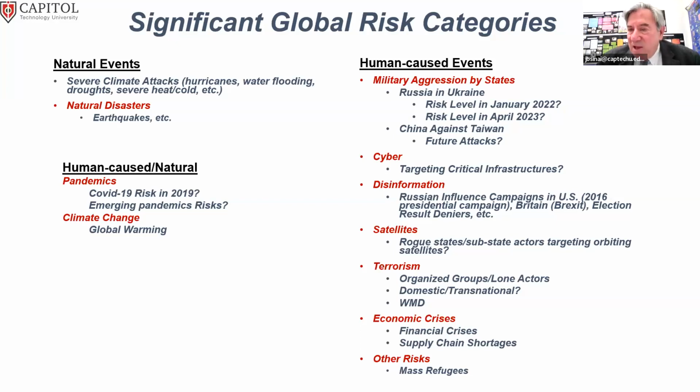Shortages in the supply chain of major commodities and foods do represent a major risk that everyone is concerned about. And there are other risks, such as the risk of the outflow of mass refugees and others that need to be anticipated. So it's very important for decision makers and those working for them to put together buckets of major risks in global security that need to be anticipated and mitigated.